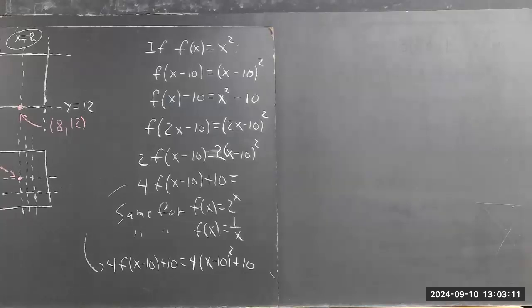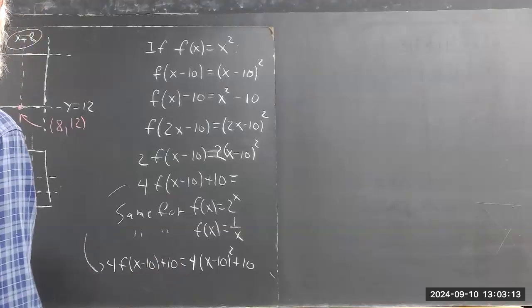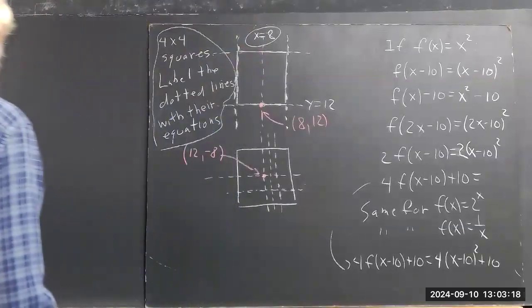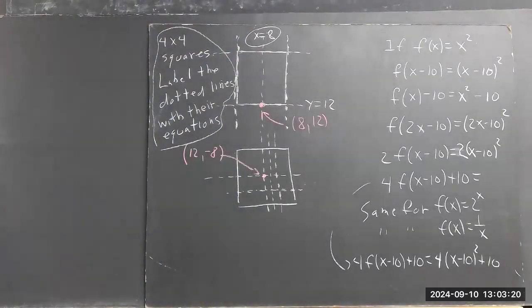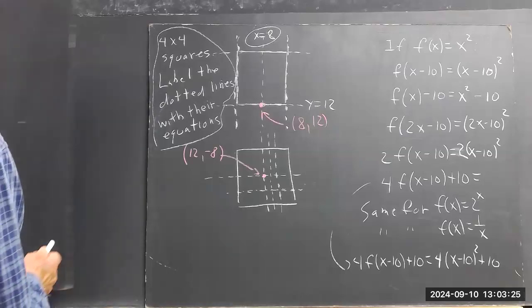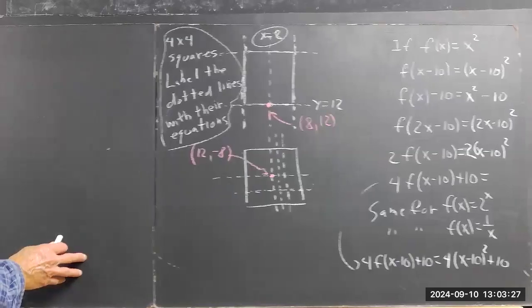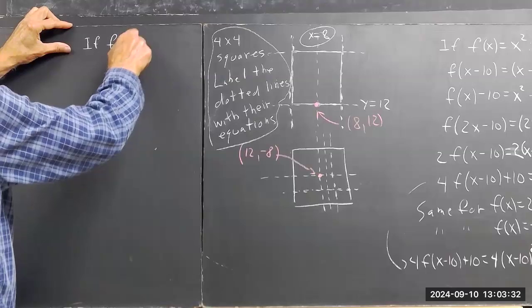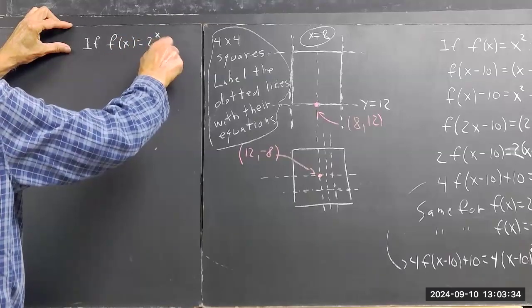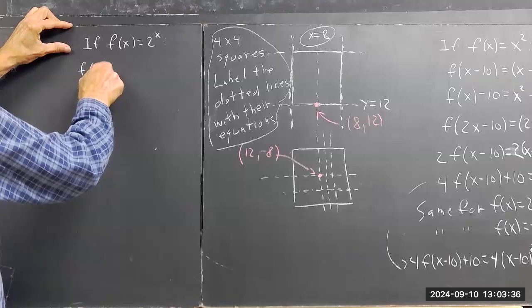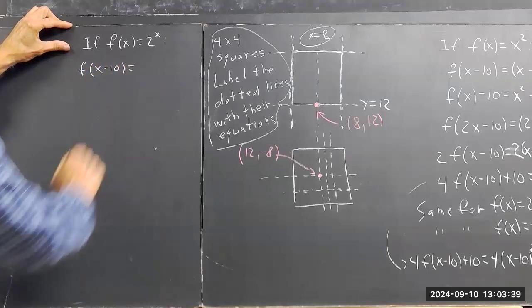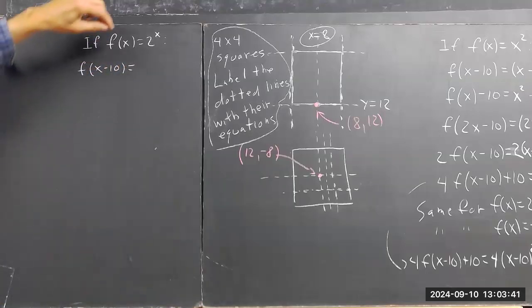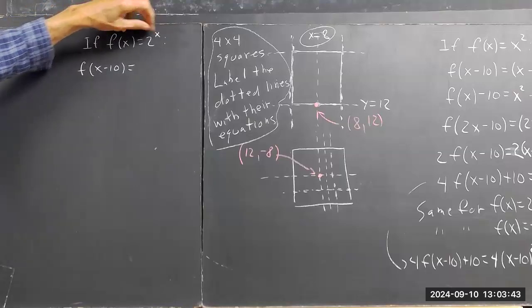Now, if f of x equals 2 to the x, f of x minus 10, wherever you see an x, you have to put x minus 10.